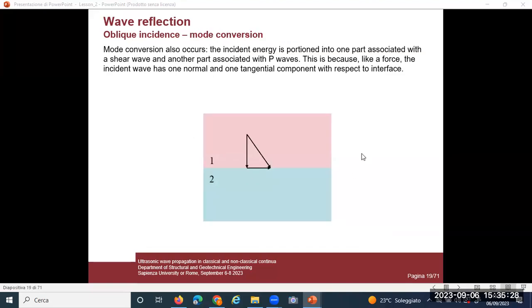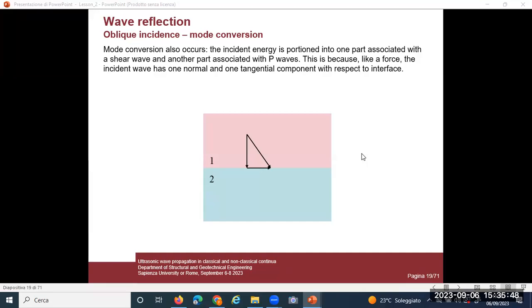And this is mode conversion. You've probably heard of mode conversion. I actually should complete this section a little bit because I would like to show it better.